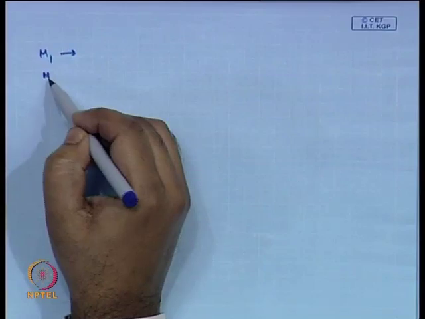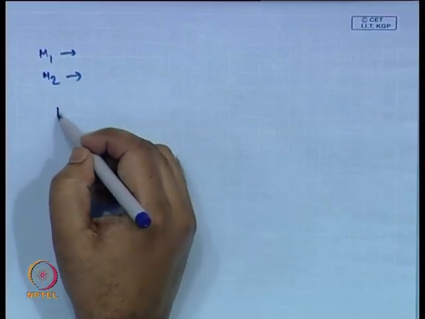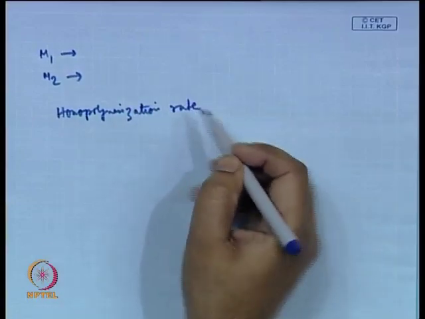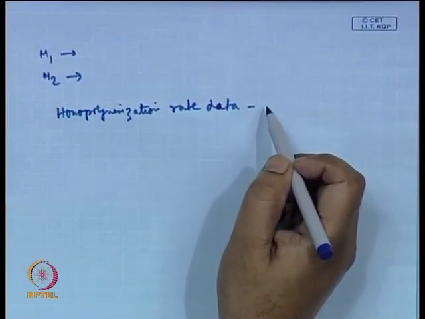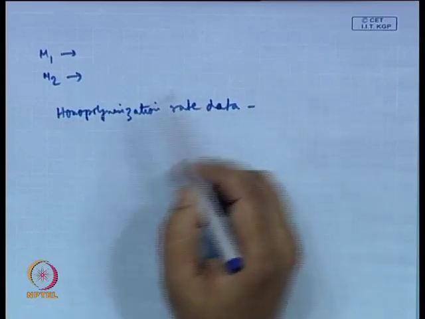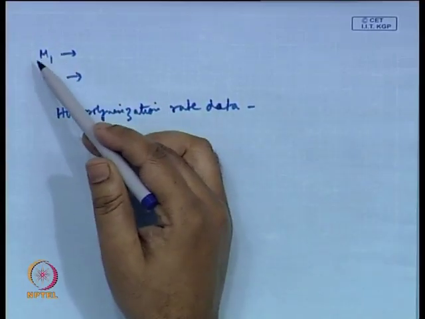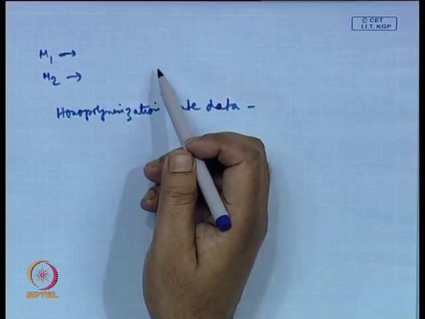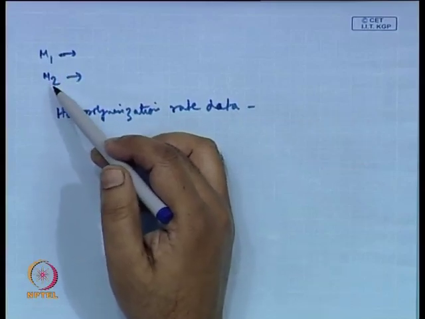For example, you can look at the homopolymerization rate of M1 and M2, but the homopolymerization rate data actually has very little significance or resemblance with the rate of consumption or rate of reaction of a monomer during a copolymerization reaction, which means that the rate at which a monomer, say M1, undergoes homopolymerization could be quite different when you have M2 in the reaction medium.